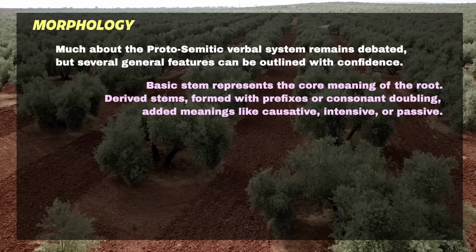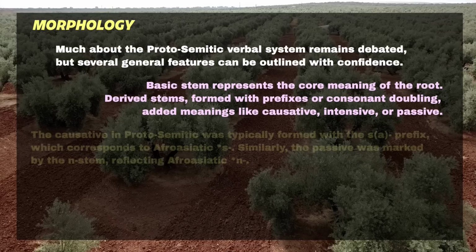These changes include things like consonant doubling, prefixation, infixation, and vowel lengthening or alteration. These morphological processes vary from one Semitic language to another, but they point to a rich and already well-developed system in Proto-Semitic itself. In fact, it likely goes further back than Proto-Semitic.